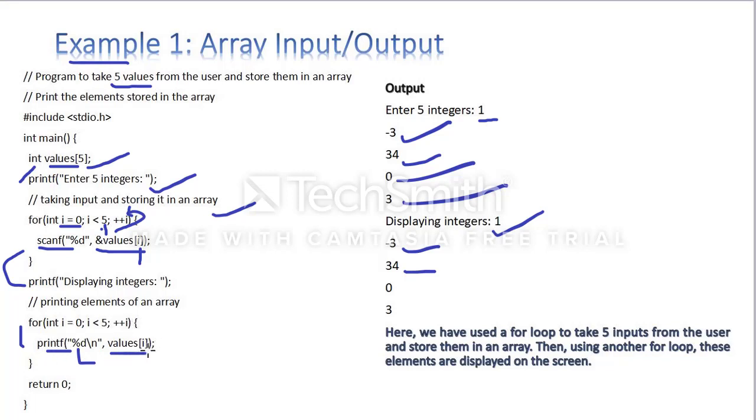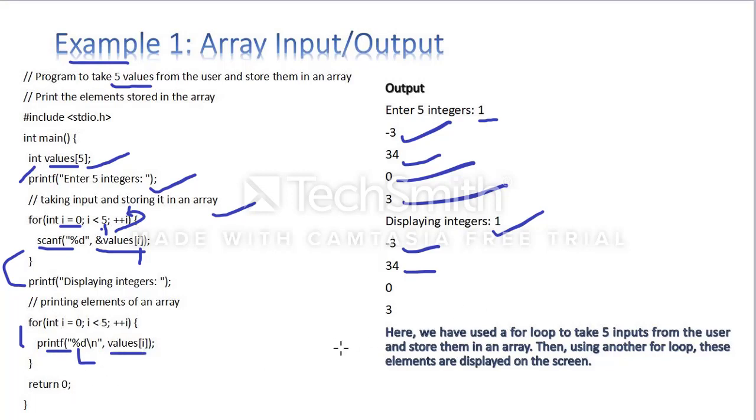Already we have done this in previous lectures: if you want to print the value of a variable, you put that variable name in the printf statement with the particular data type, then you get the value. Same here. But if you put it without a for loop, what is the i value? It cannot take it; where can it start? The compiler cannot take that i value, so you have to assign the i value at each and every step. Because of that I am using a for loop here.